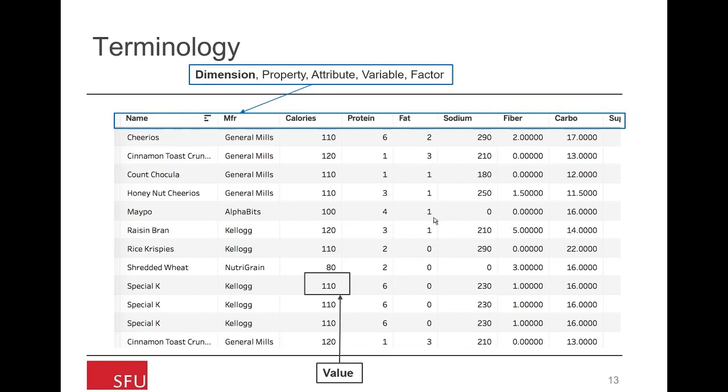For the purposes of visualization, these words have very, very similar meaning, but each field that does visualization might have a preferred terminology, such as factor or variable, according to the general practice of the use of information in a table like this. For example, a factor is a term that statisticians use, particularly in the light of experiments.